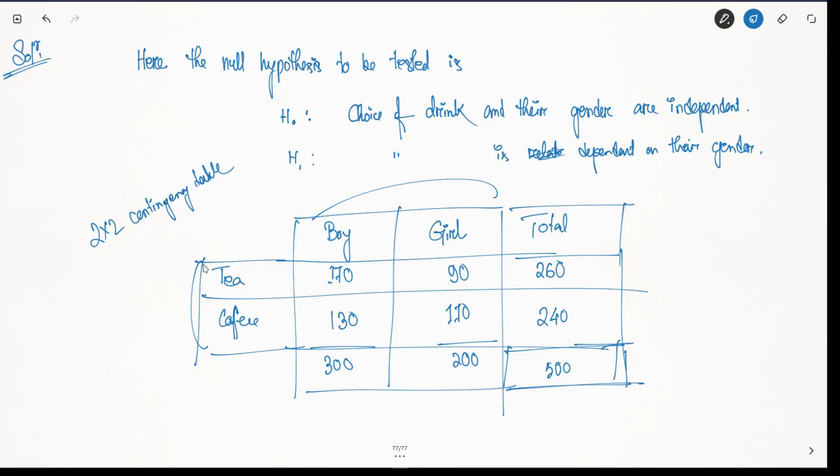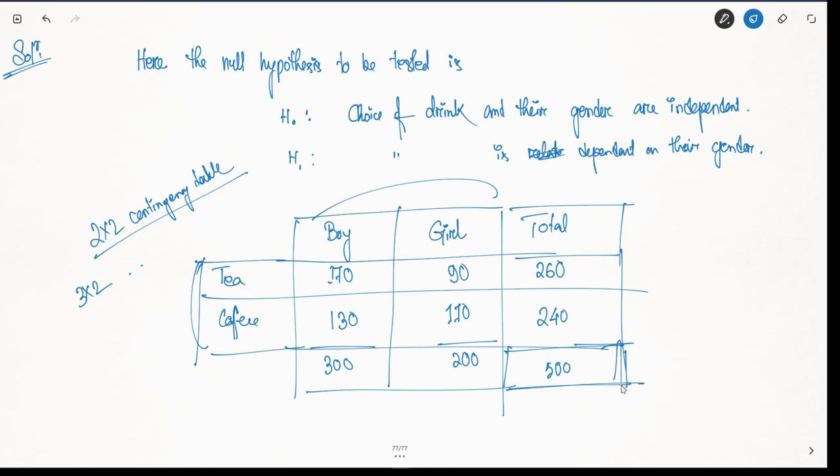In such a case, we have 3 categories in the rows, 2 categories in the column, so it will be a 3 by 2 contingency table. Based on the number of rows and columns, the name of your contingency table will differ. So this is a 2 by 2 contingency table.